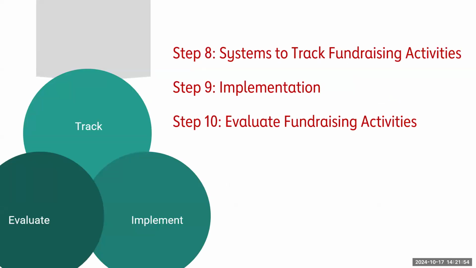So step number 8, 9, and 10: systems to track fundraising activities, implementation, and evaluation. These last 3 steps are really more focused on determining the best system to support your organization, and maintain and track these relationships and activities as they relate to fundraising. If you're a small team, you might start off with something as simple as an Excel sheet.